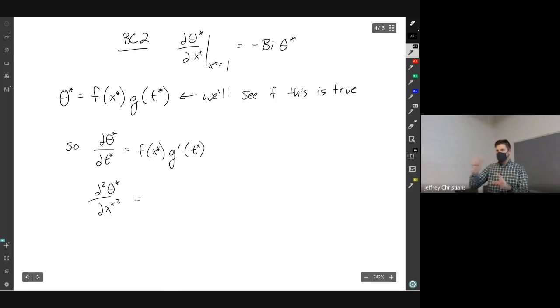Now g can be pulled out, and we get the second derivative of f. So it'll be f double prime of x star times g of t star.